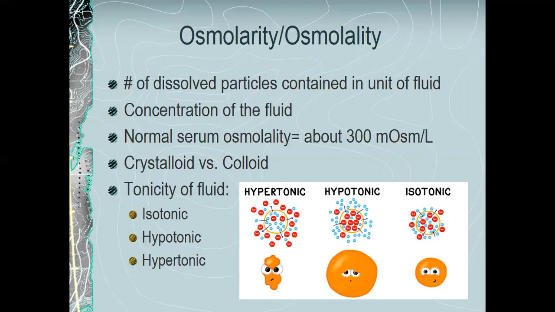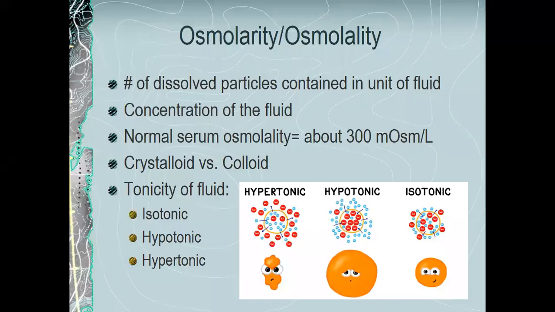They're too big to go elsewhere. So that's why they're going to expand the blood. And the crystalloids will expand, but they can also go through that semi-permeable membrane of the capillaries. So let's talk about these three specific types of fluid with the tonicity: the isotonic, hypotonic, and hypertonic.